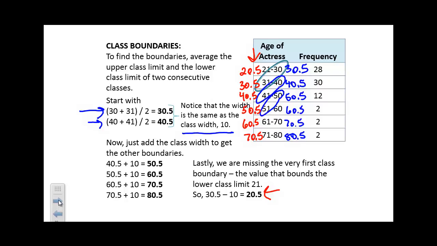That means in this case we have 1, 2, 3, 4, 5, 6 classes, so we have 7 boundaries. I'm going to circle them here in a second for you. Those 7 boundaries, I'm circling them in the order that you would want to write them or type them in. 20.5, 30.5, 40.5, and then the last 4 there, at the bottom left hand of the slide.